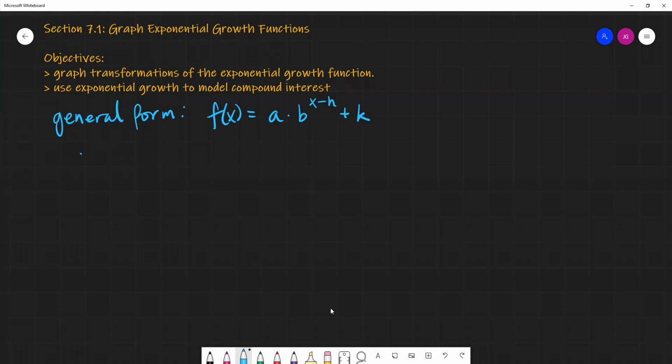Hopefully this AHK rings a bell. It's kind of the same AHK from our quadratic functions, the vertex form, and also from the radical functions and rational functions we were graphing. They're always going to deal with our transformations.